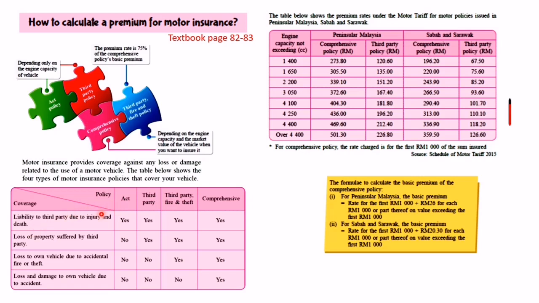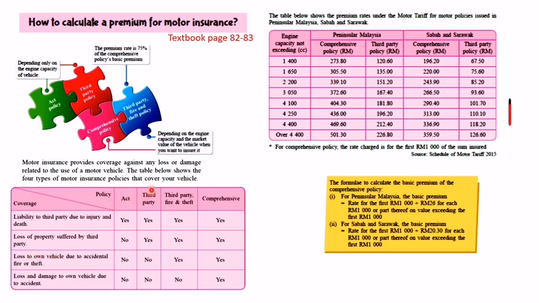Act policy only covers liability to third party due to injury and death. Third-party policy covers liability to third party due to injury and death, and also loss of property suffered by third party.